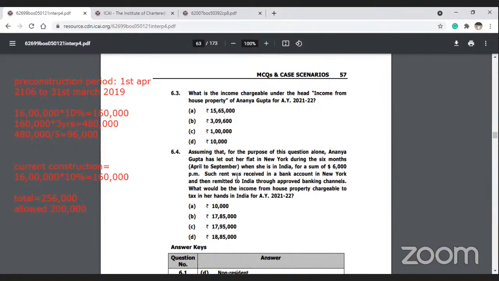What would be the income from house property chargeable to tax in her hands in India? It is 10,000, because this is a non-resident, and the income accrued outside India, so it is not taxable in India even though remitted. So only the earlier amount of 10,000.